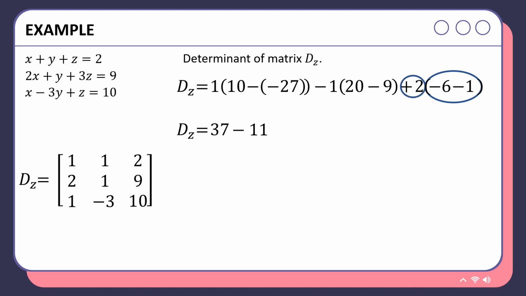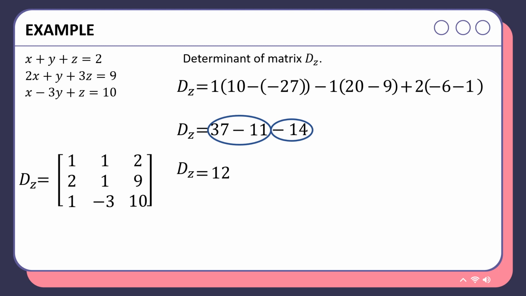Negative 7 times positive 2 is equal to negative 14. 37 minus 11 is equal to positive 26. Positive 26 minus 14 is equal to positive 12. So the determinant of matrix D sub z is equal to positive 12.